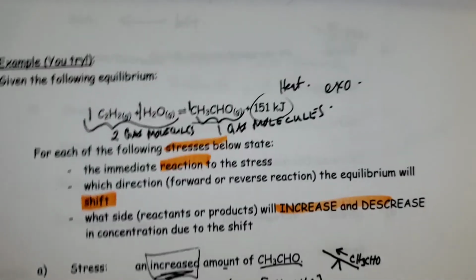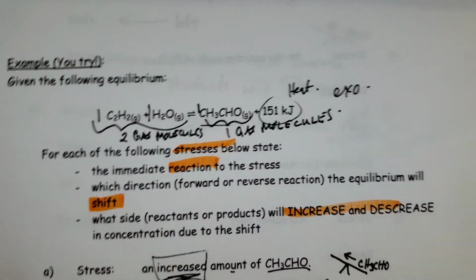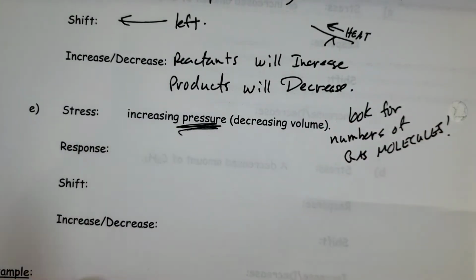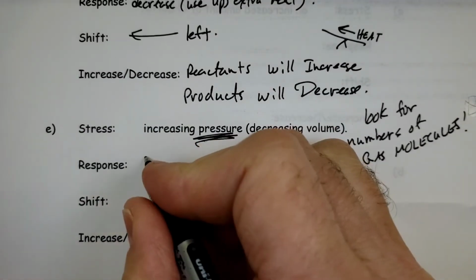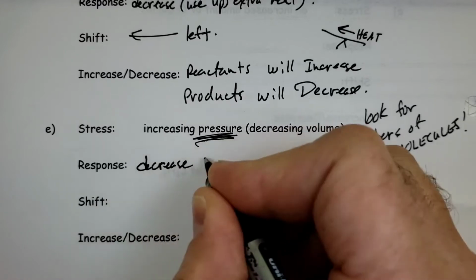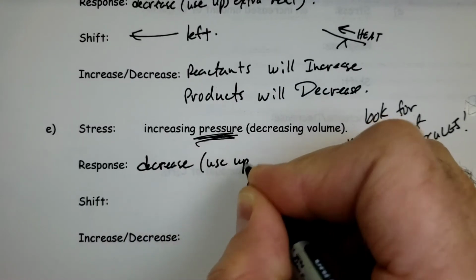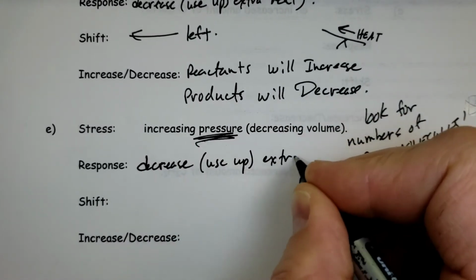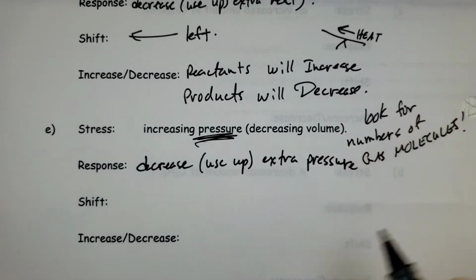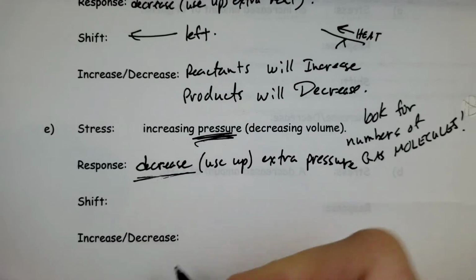Okay, most of the time you'll have an unequal amount. One side will have more than the other. So if I go back to here, increasing pressure, again, the response is always the opposite. Decrease or use up extra pressure. So I want to decrease it.